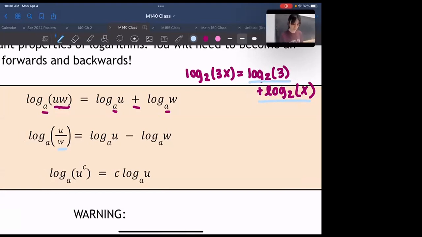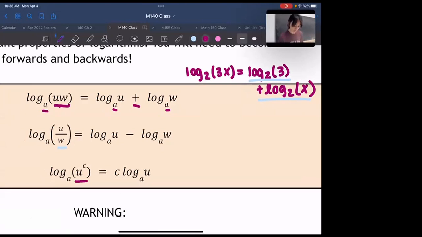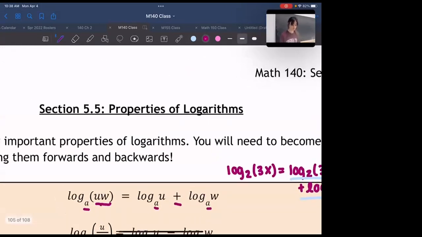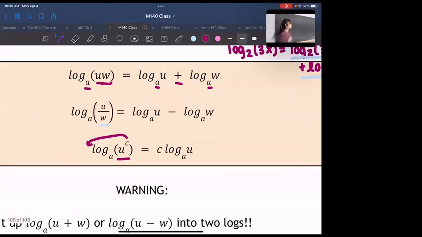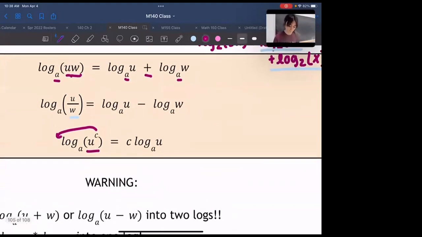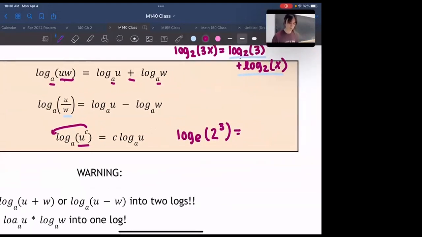Okay. Finally, we have to talk about exponents. Whenever we see an exponent inside a logarithm, we can just move that exponent to the front. So for example, log base e of 2 cubed, what would that become?